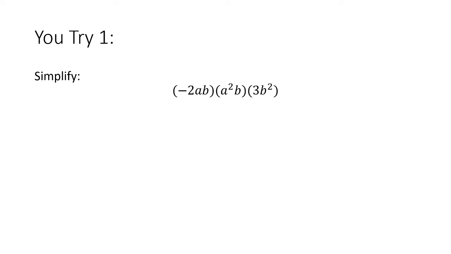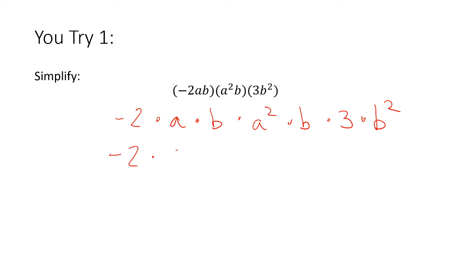Now that you've tried it on your own, let's do it together. So I'm going to separate these all out. Negative 2 times a times b times a squared times b times 3 times b squared. I'm going to do all my coefficients together. So negative 2 times 3, and then my variables.